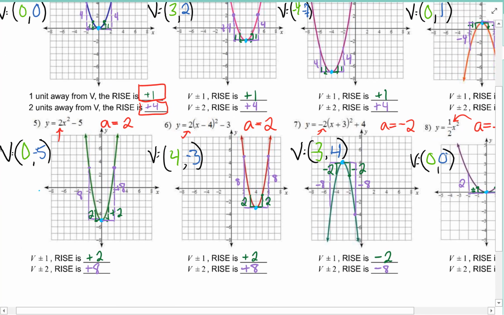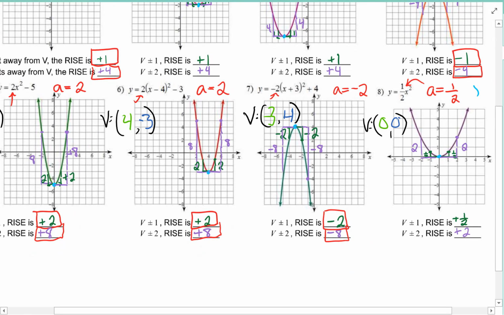When A is 2, the rise is not 1 anymore, it's 2. And then the rise 2 units away from the vertex is not 4, but now it's 8. Again, the rise was 1, but now that A is 2, the rise is 2. And 2 units away from the vertex, because A is 2, the rise is 8.